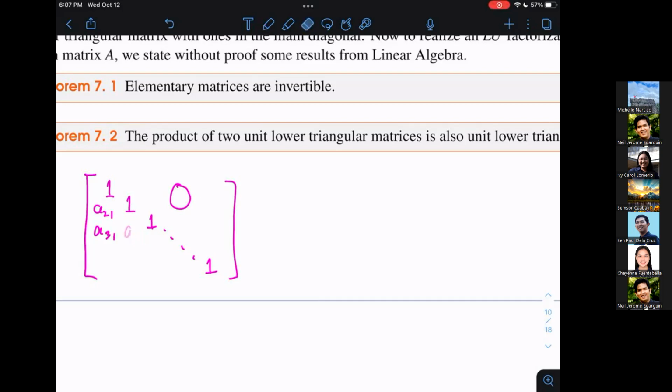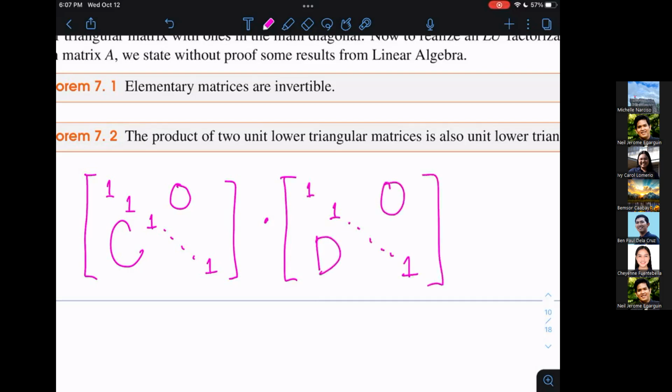Ano kayang notation para sa mga non-zero? Sulat ko na lang na C para ibig sabihin may mga non-zero constants possibly dun sa lower triangle. Okay? So meron akong C. Tapos, kumuha pa ako ng isang unit lower triangular. So isa pang matrix na unit lower triangular.